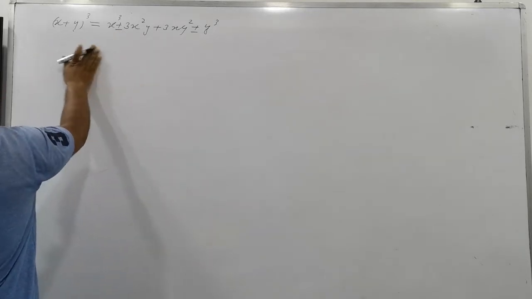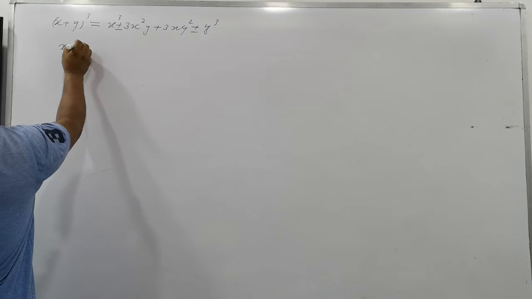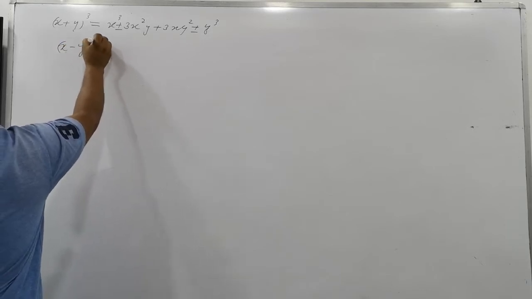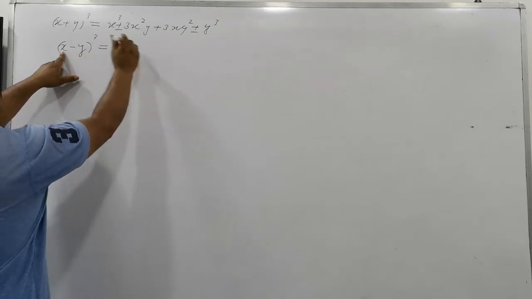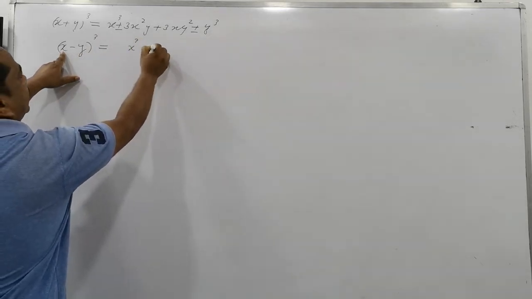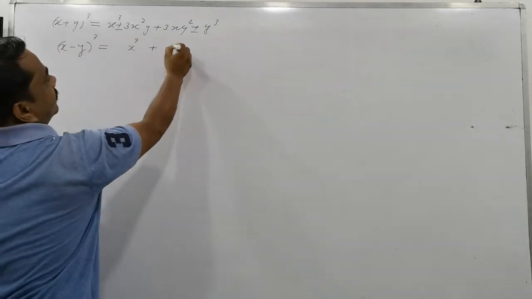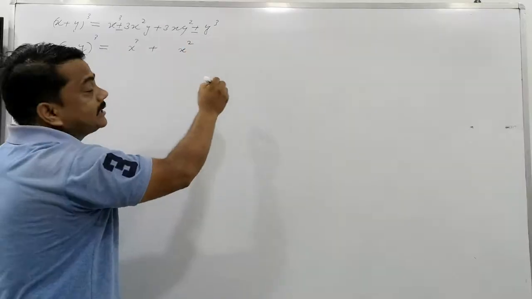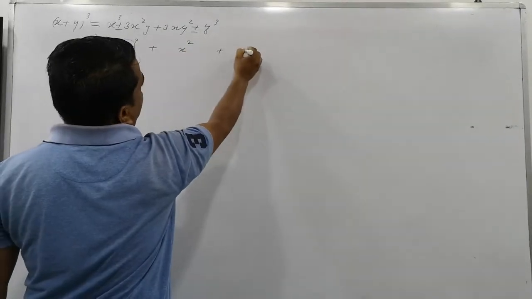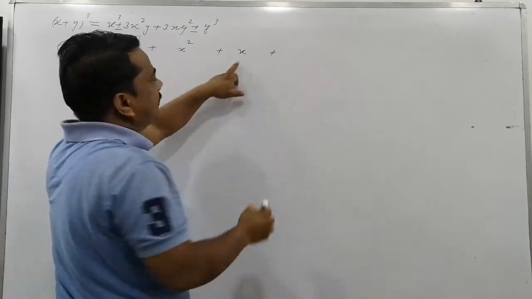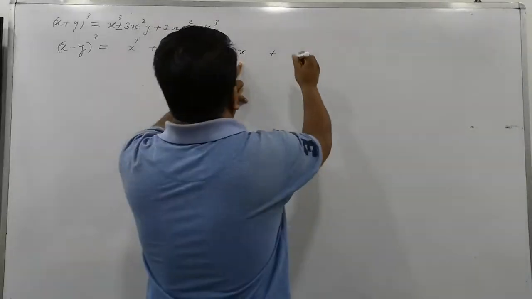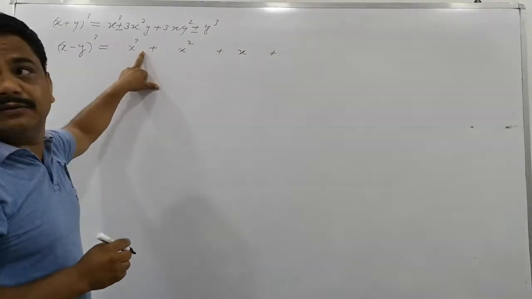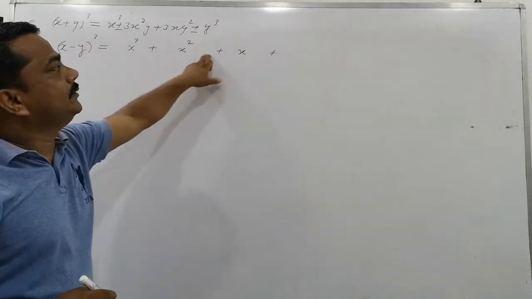Is that clear? So I'm telling you the technique for learning this. Listen here, guys. The highest power here is 3, okay? Next power of x will be what, please tell me? 2. Next power of x will be what? 1. And next power of x will be 0. x power 0 means 1. And y power is here 0, then 1, 2, 3, right?